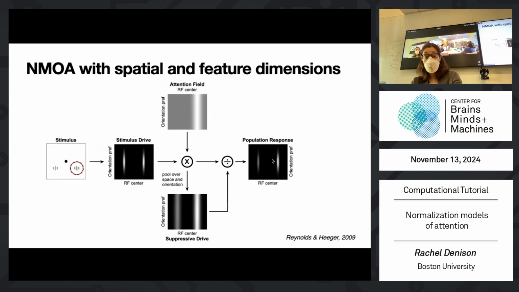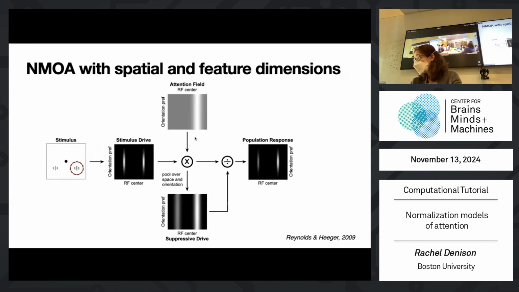But this spot on the right is brighter because it has been amplified by the attention modulation. On this side, the attention modulation is specific to the location, and it's broad in orientation. It's like you're just attending to that location at whatever orientation may be there.